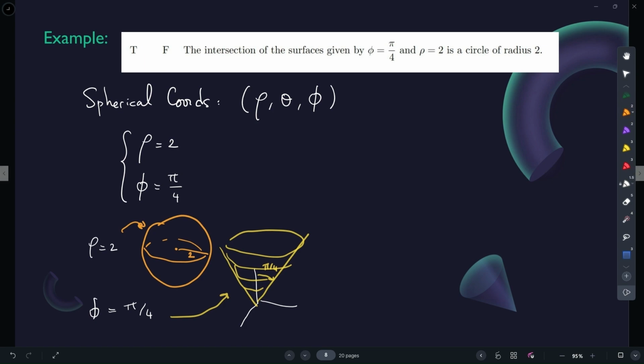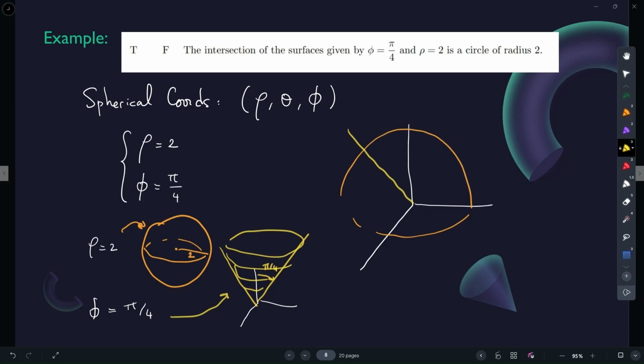So let me draw that over here. Let's just draw the semisphere like this, and then I have the cone, and the intersection over here is going to be a circle, but the question is whether that is of radius 2.